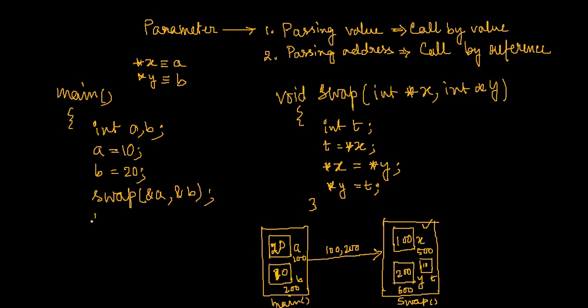So that means if we print this a and b over here now, this will give 20 and 10, because you are able to swap them even outside main function, because you have the address of a and b with you and you have the pointers. So that means one thing we have seen over here, that is pointers store the address of some variable.